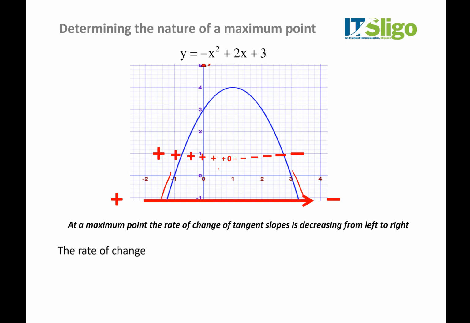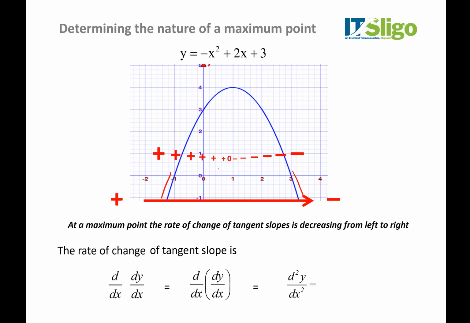And again, when we put it into formal language, the rate of change, d/dx, of tangent slopes, dy/dx, we multiply those out, and it's negative. Starts positive and then decreases down to negative.